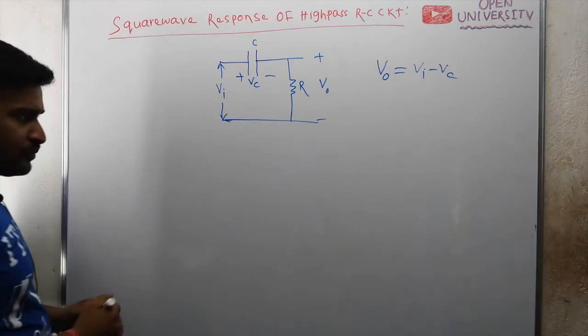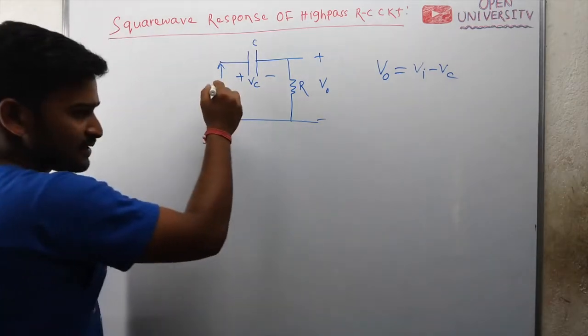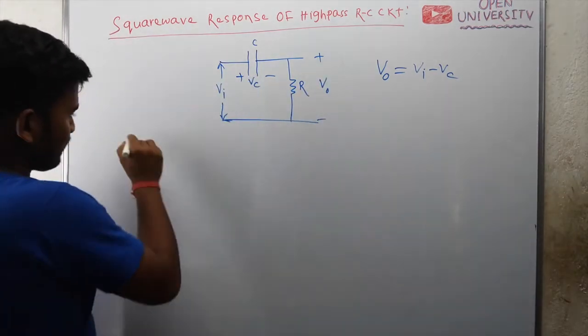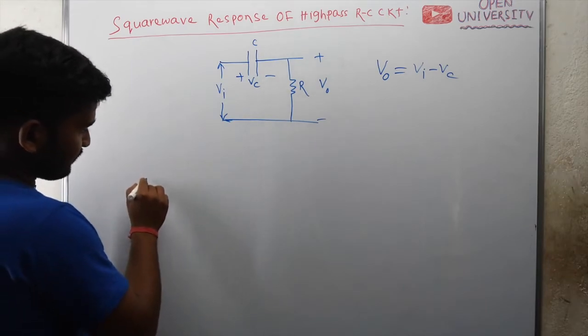Let us assume the input voltage is a square wave signal, which is like this.